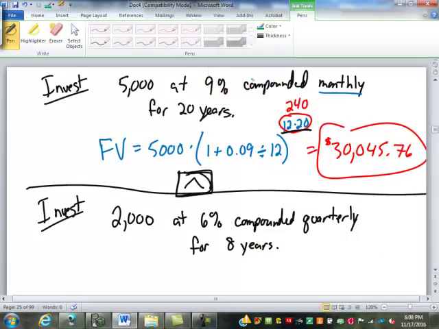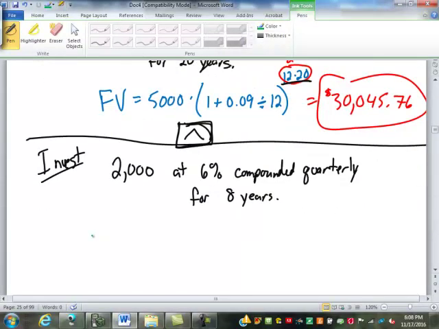So to enter this, the present value is $2,000 times, parentheses, 1 plus, what's my rate? 0.06 divided by 4 because it is quarterly. You'd have to do times 1/4 instead of divided by 4.